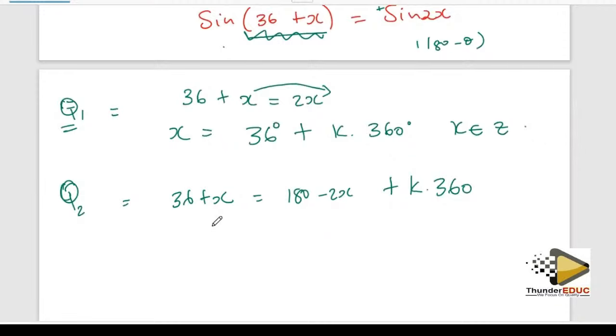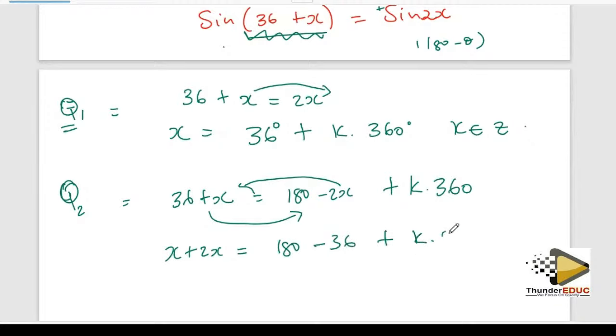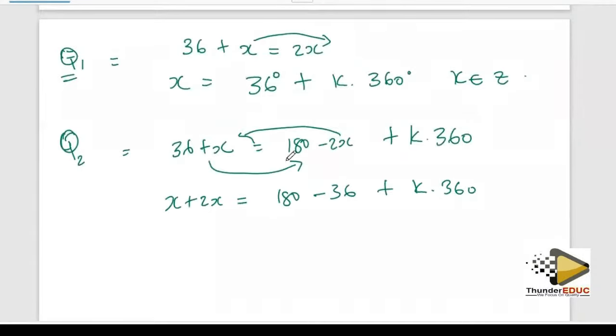Then I need to isolate everything. So I'm going to move the 2x this side and the 36 that side. So it's going to be x plus 2x is equal to 180 minus 36 plus k times 360. Now remember, when you're doing addition or subtraction, it's only the reference angle that is affected. This other element is not affected with addition and subtraction.